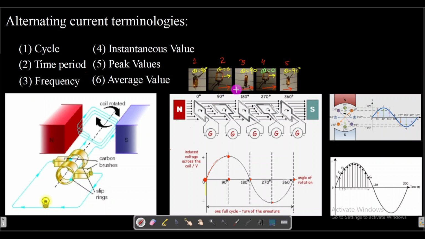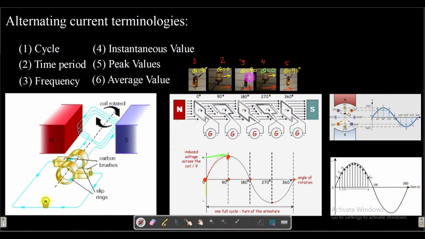Hence the magnetic flux at this position is maximum, and according to Faraday's law of electromagnetic induction, the EMF will also be maximum. So at this position, when the coil is horizontal, the EMF induced here is maximum.